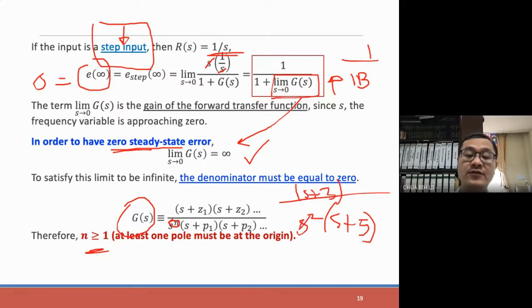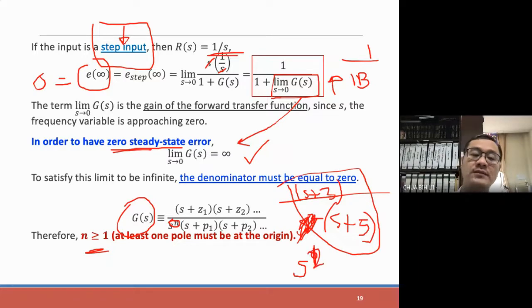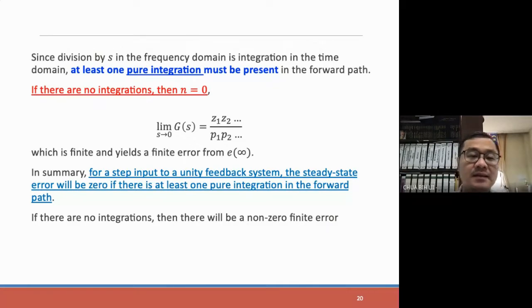So if your system transfer function is s plus 3 divided by s plus 5, the n now becomes 0, because s to the 0 is 1. If this is 0, then for this transfer function, when we apply a step input, a steady state error occurs. In order to eliminate it, we must have at least 1, or 2 or more. So that is the idea behind it.